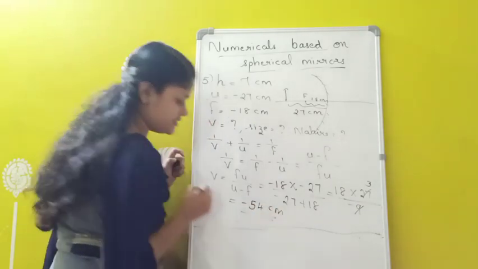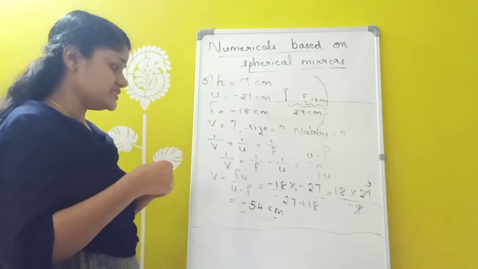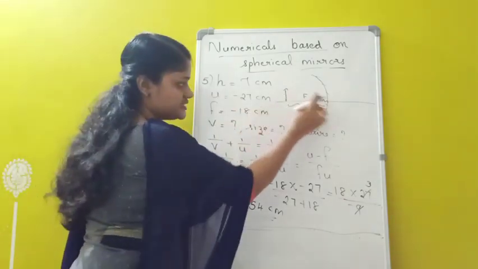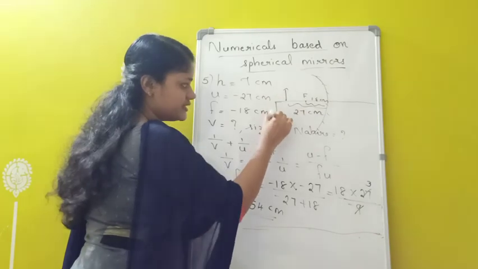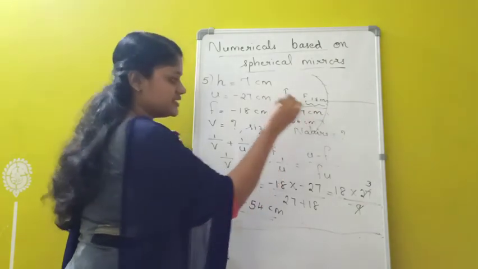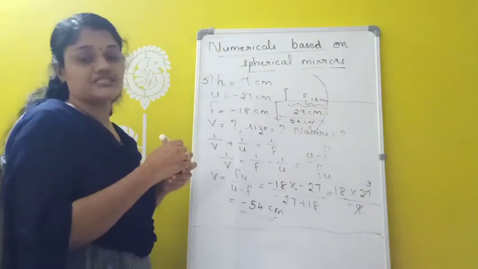Minus 54 centimeter. That means we are getting the image 54 centimeter in front of the mirror. This is the object distance, so the image will also be somewhere here only. This much will be how much? 54 centimeter. So we are getting the image on the left side, that means in front of the mirror.